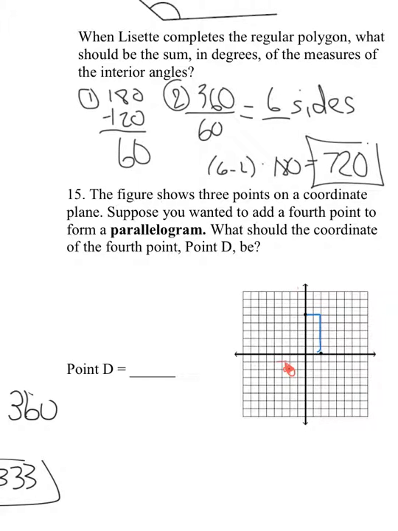So from that point, that's 1, 2, 3, 4, 5, back 2, right? And so you're going to have the same slope from this bottom point to wherever the new point is. So 1, 2, 3, 4, 5, back 2, that's your new point. And that point is located at negative 1, 2, 3, 4, positive 1, 2, 3. Right there.